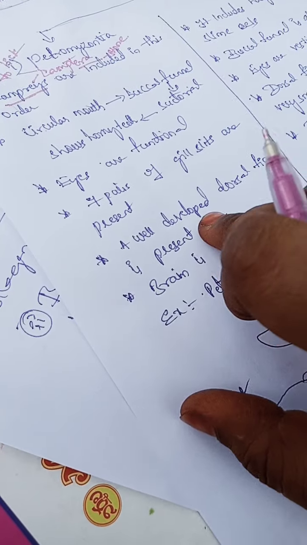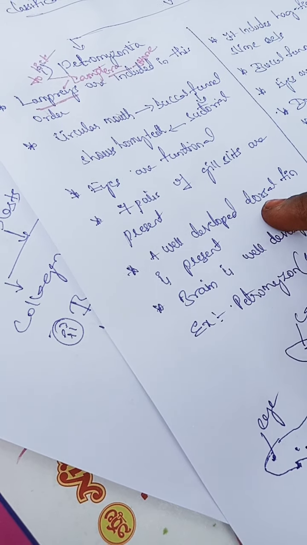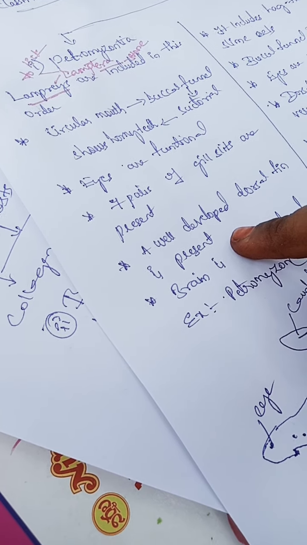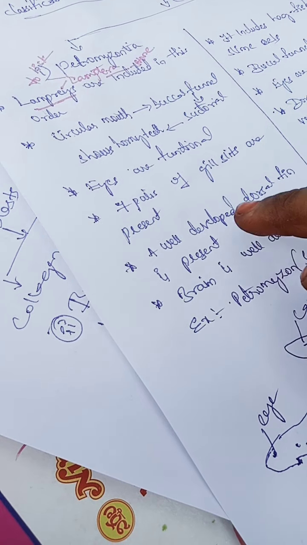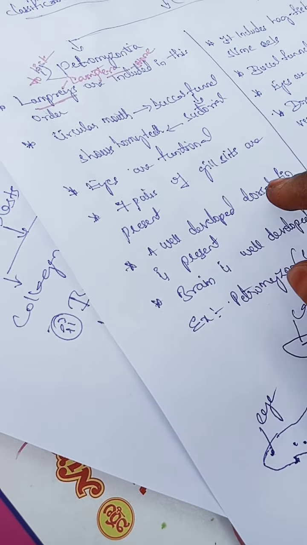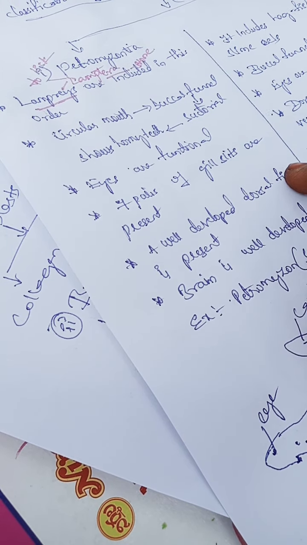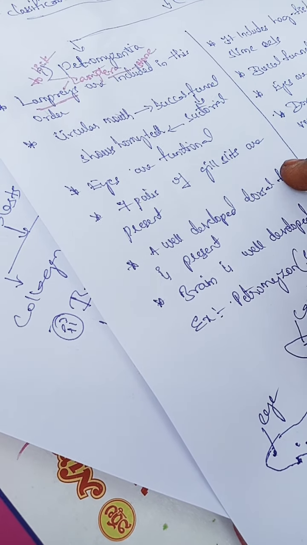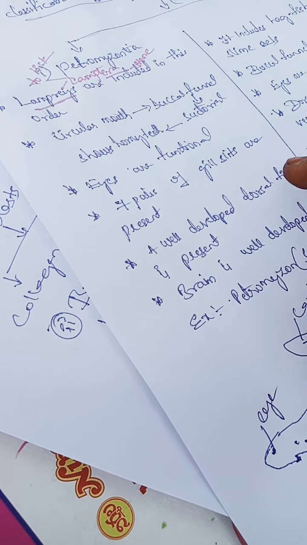Next, a well developed dorsal fin is present. Dorsal means upper side, ventral means lower. So on the dorsal side we can find a fin, by which it can move in the water.